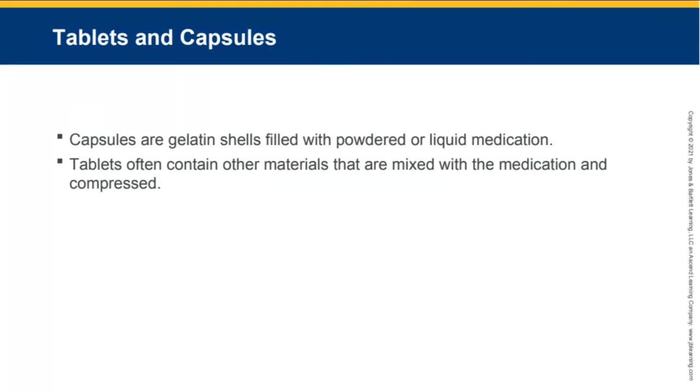These are gelatin shells that are filled with powder, or even your cod liver oil capsules, those are filled with liquids. Tablets are also very common, and they contain other materials that are mixed with medication and compressed so that the medication can be in a form that the patient can hold and take.